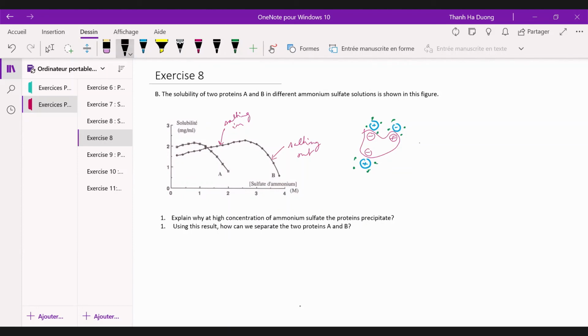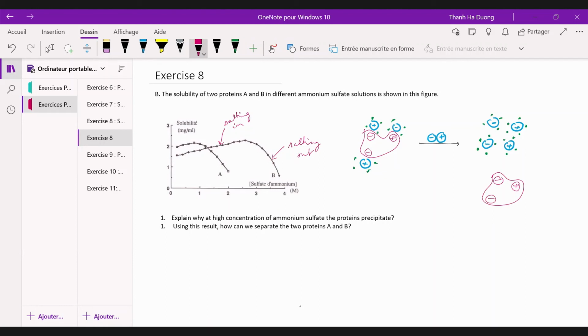You add ions because you increase the concentration of salt. What happens? All the water molecules will help to solubilize the ions. So it means that there are no more water molecules surrounding the protein.